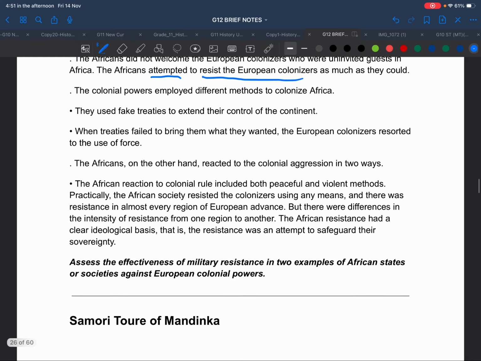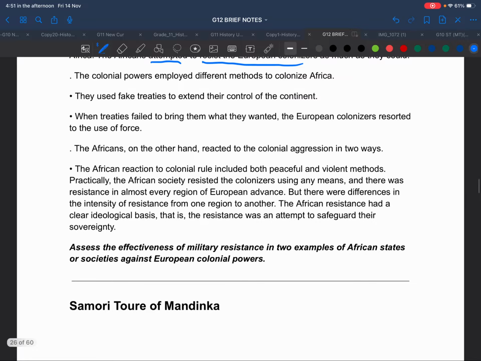The colonial powers employed different methods to colonize Africa. They used fake treaties, as I have mentioned. They approached African chiefs in a friendly way, as if they were friends to the local kings of Africa, and then brought about treaties which were fake, deceiving and cheating African chiefs.